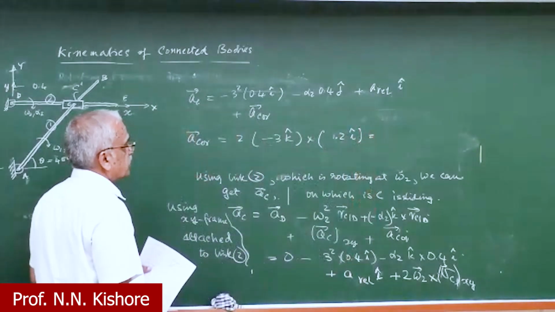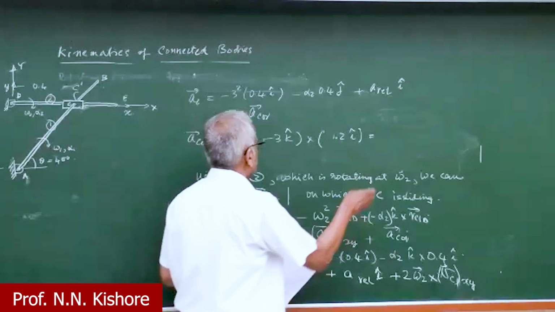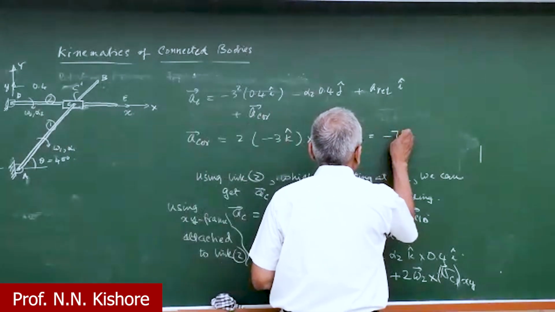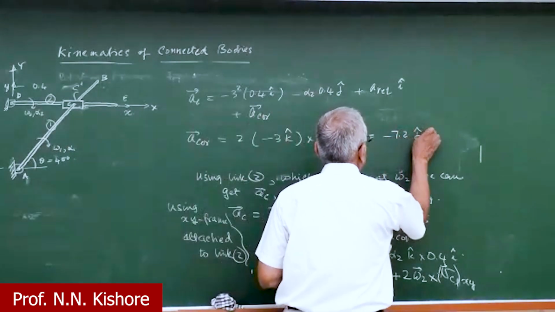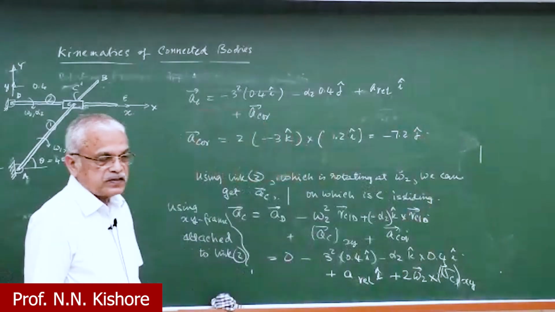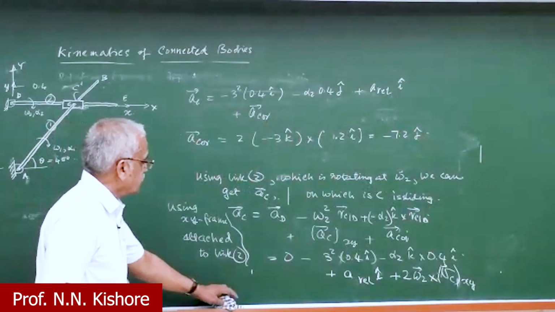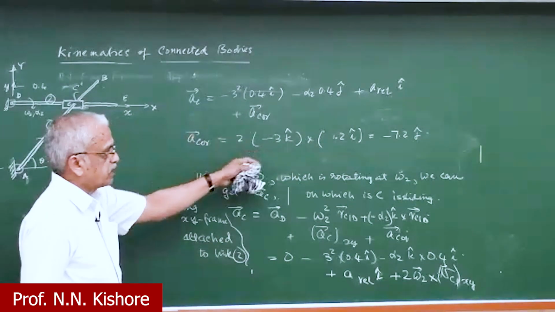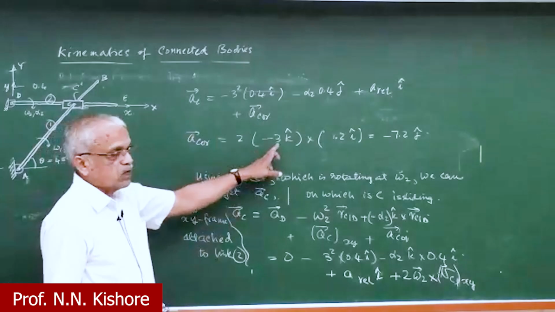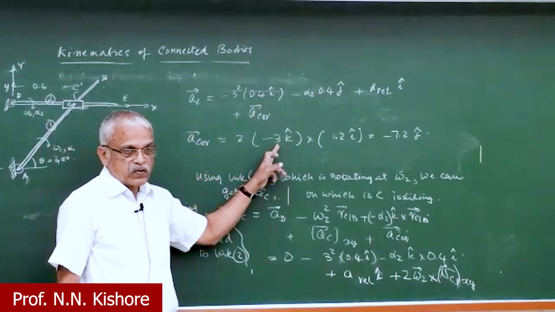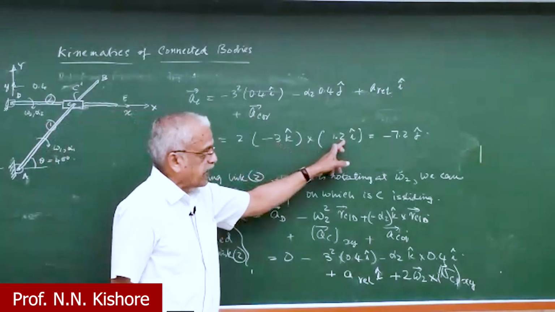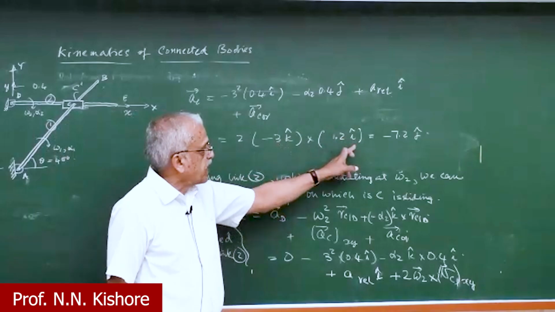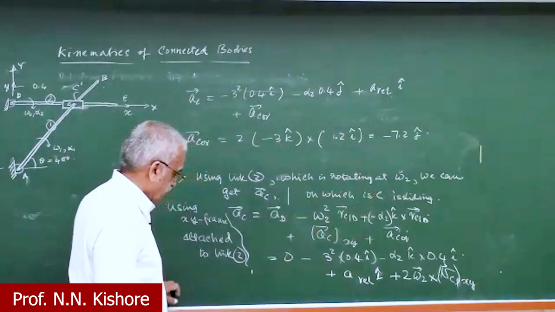And this turns out to be minus 7.2 J, right? So we have all the components. Coriolis, I wrote it separately. So this is omega 2, this clockwise 3 radians, and sliding velocity is 1.2 I, and you get 7.2.